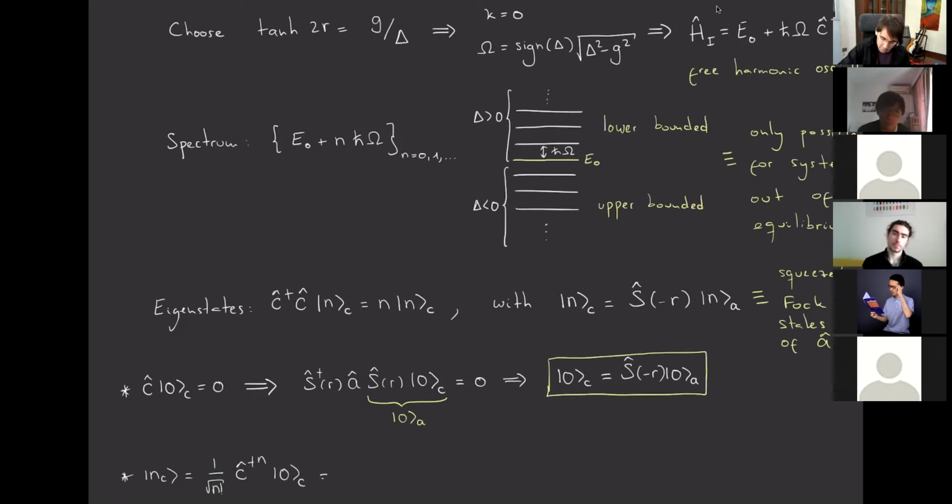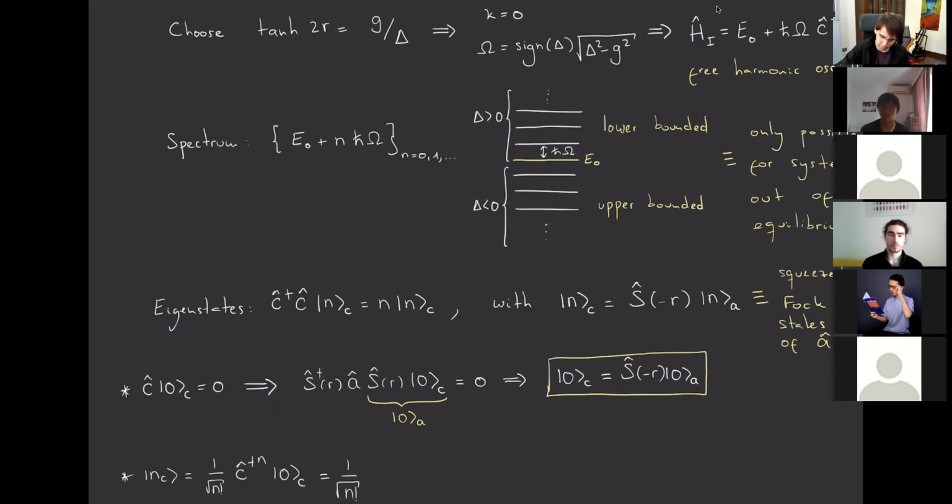And then if we again expand both C and the vacuum state in terms of the corresponding things in the A basis, in the original basis, we have this expression here.